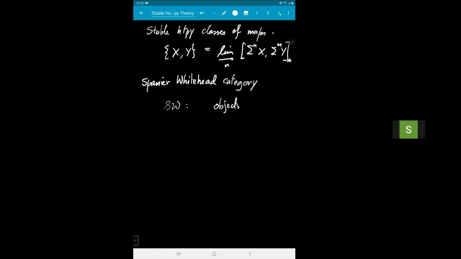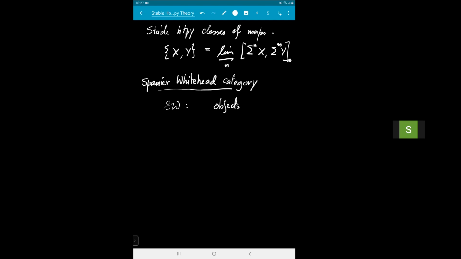The point is, before writing down the next word, let me say this: we have these stable homotopy classes of maps, and it clearly has some importance, and we want to form this category, some kind of a homotopy theory, and the homotopy classes of maps should be these stable homotopy classes of maps.